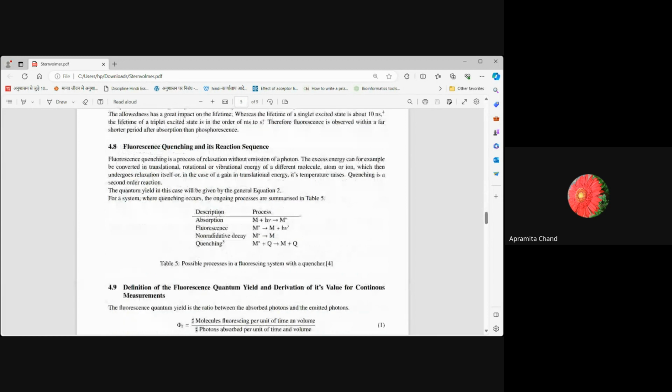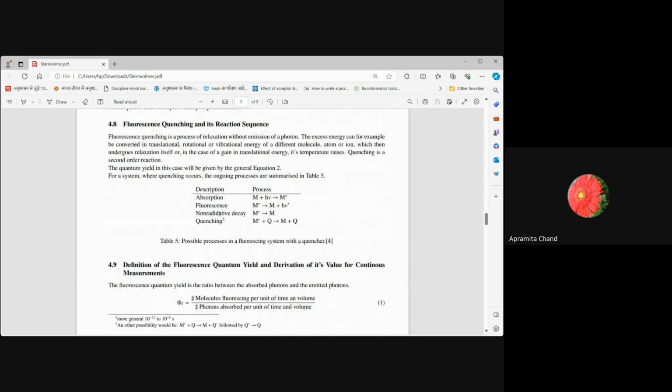Now we come to fluorescence quenching. We will again do this fluorescence quenching with a different material, but first let me go through this one. So what is fluorescence quenching? Fluorescence quenching is a process of relaxation which occurs without emission of a photon.